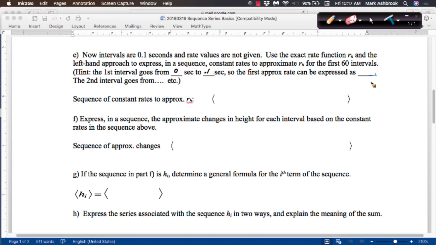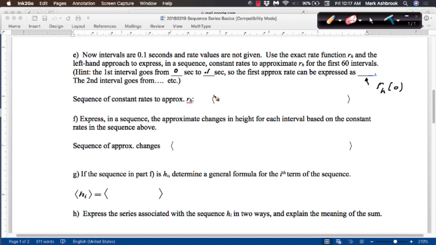And how can you express that first rate then, if you're using the left-hand method, and the exact rate is r sub h? The function is r sub h. So how could you express that first rate? r sub h of 0. All right, so then what's the sequence of constant rates at the left sides of these intervals?